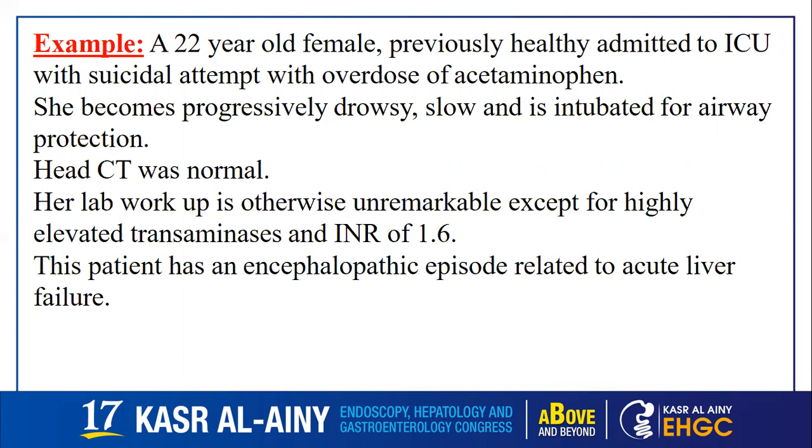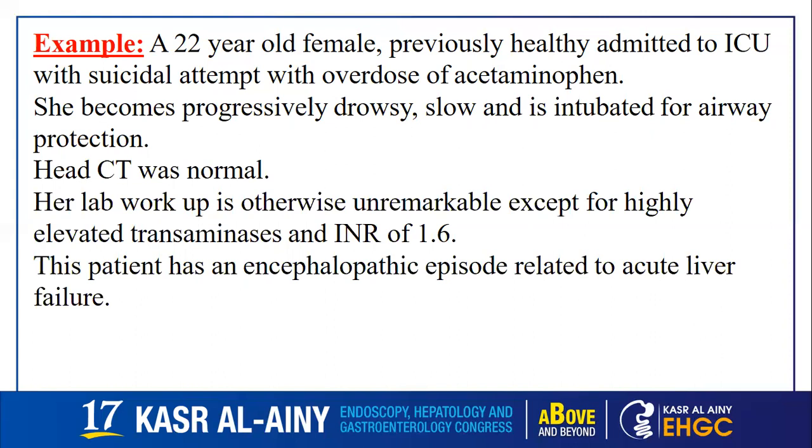So how are we going to express this? We have axis 1, which is A, B, or C. This is an acute episode, so this is A. What is the grade of this patient? The patient is progressively drowsy and so on. This is an episode, and of course we cannot express whether it is recurrent or not.